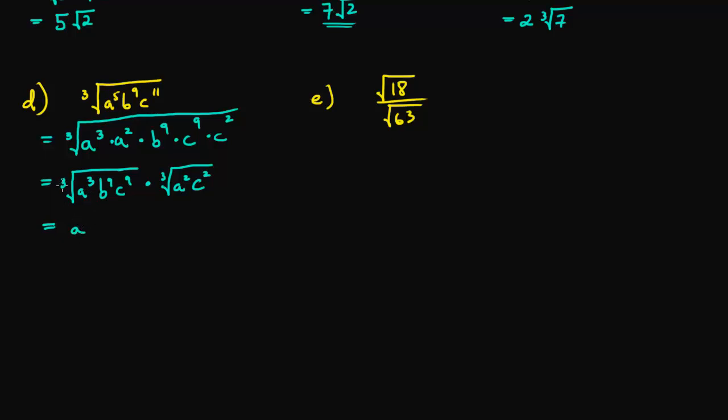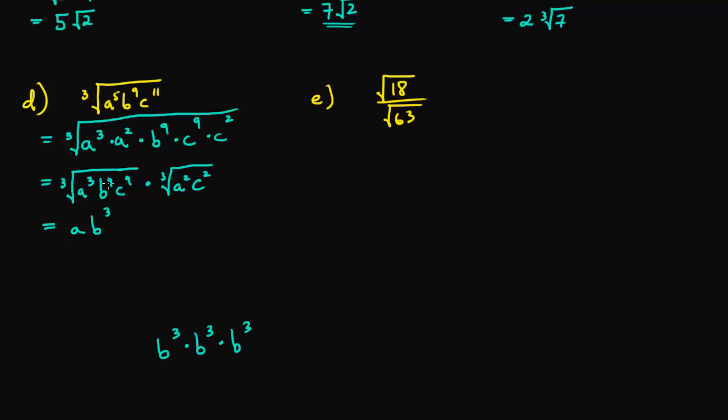Let's think about now what the cube root of b to the power of 9 would be. Well, what number, if we look at b cubed times b cubed times b cubed, well, that's equal to b to the power of 9. So the cube root of b to the power of 9 is just b cubed.